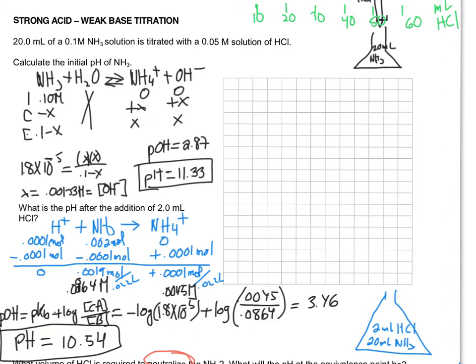Since I know that my equivalence point happened at 40 mL, that means my half neutralization is at 20 mL, and the pH should be equal to the pKa, which would be, if you were to calculate it, 9.25. So right there. And then my final pH, if I were to add tons and tons of acid, was 1.3, so somewhere here.